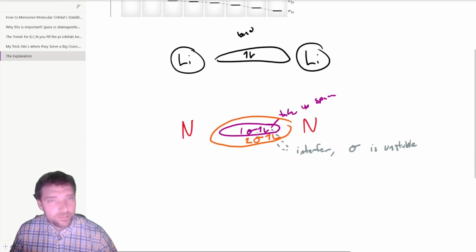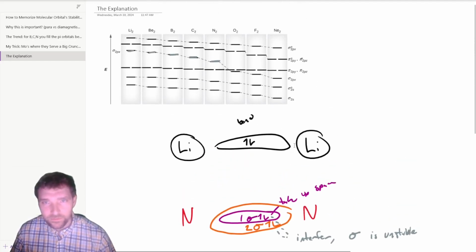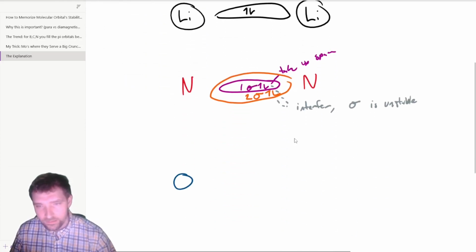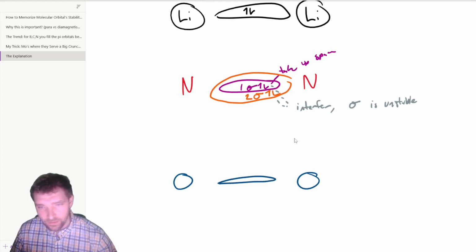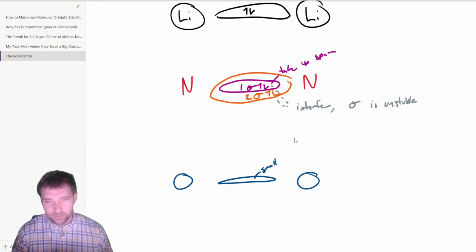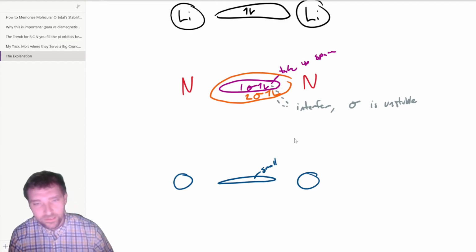Now, if we make this a bit stronger of an atom, if it's something like oxygen bound with another oxygen, this sigma ends up being really small. The area that this takes up between these two atoms ends up being smaller, and there's less interference.